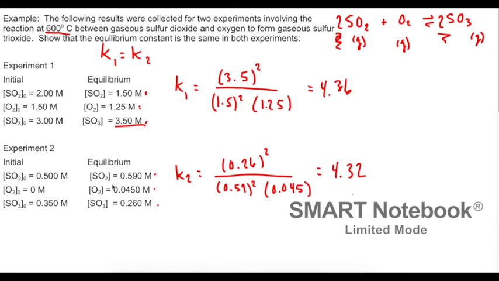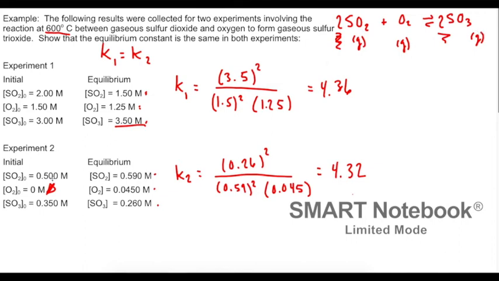All right. One thing I want to point out that's interesting is that here in experiment 2, we started with 0 oxygen. We didn't start with any oxygen. So how did the reaction proceed? Well, the reverse reaction must have been happening pretty quickly at the beginning there, right? That's how we got some oxygen to react, to let the forward reaction happen again.